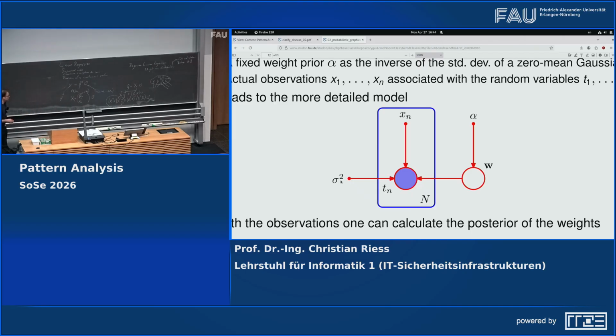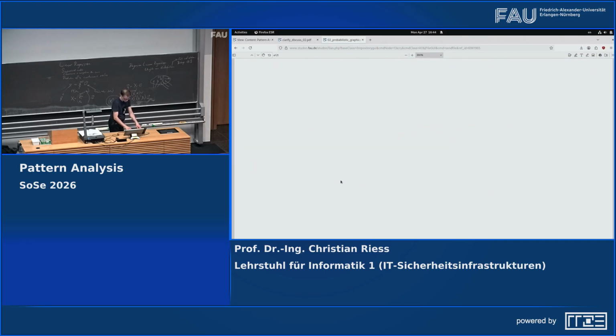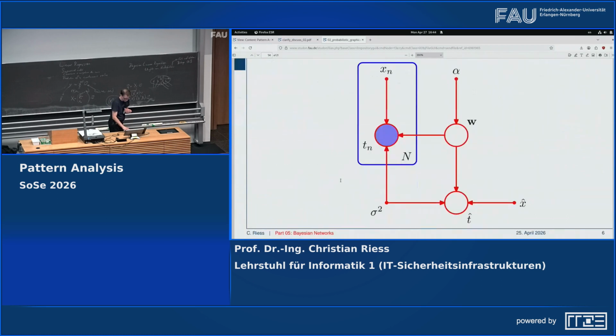So you could, for example, say, I now want to make a new prediction for an unknown sample. No? Pretty much like we did it here for this frequentist approach. We say we have a new position that is of interest for us, this x hat, and we want to make a prediction of this label at this position.